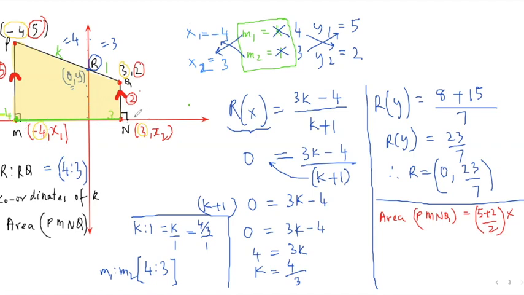Can anyone tell me what the length of MN is? Andrea or Naren? MN. Andrea, if your internet is slow, you can type out the answer. Or Naren, if you can tell me. How do you find the length of MN?